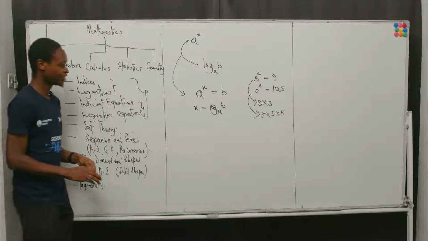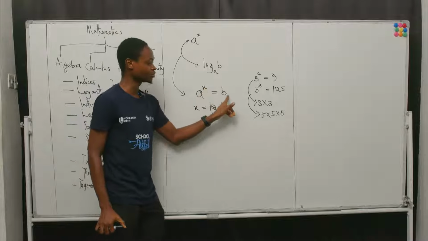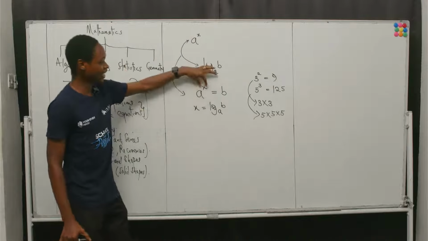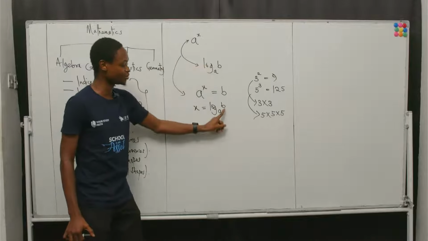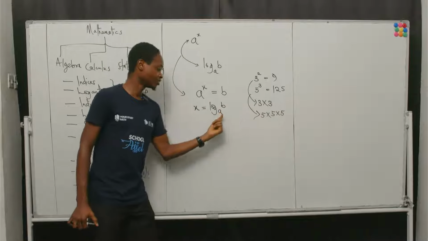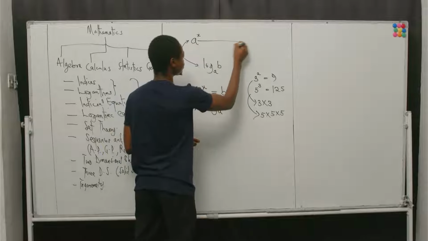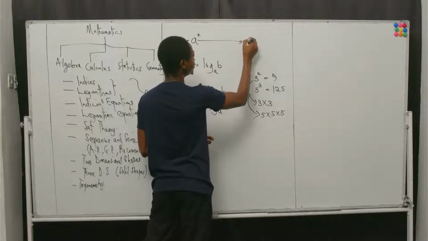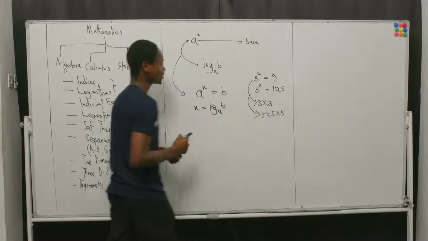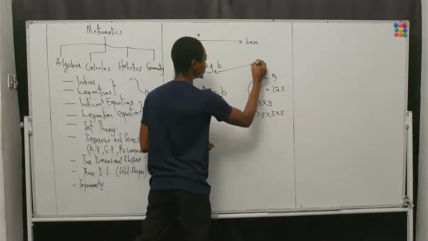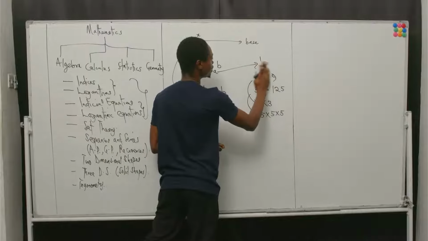So let's see. We say a raised to x is equal to b, whereby this x is in fact the logarithm of that number b to the base a. So what do you notice? The base in the indices is also the base in the logarithm.